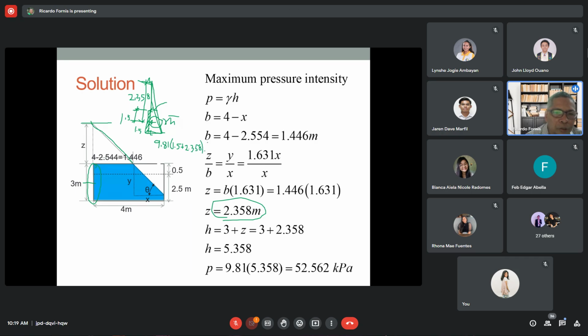Multiply this pressure by the area in contact with the water, that's height times the thickness. That gives the force developed. Please check if it matches our answers. Okay? Any questions so far?